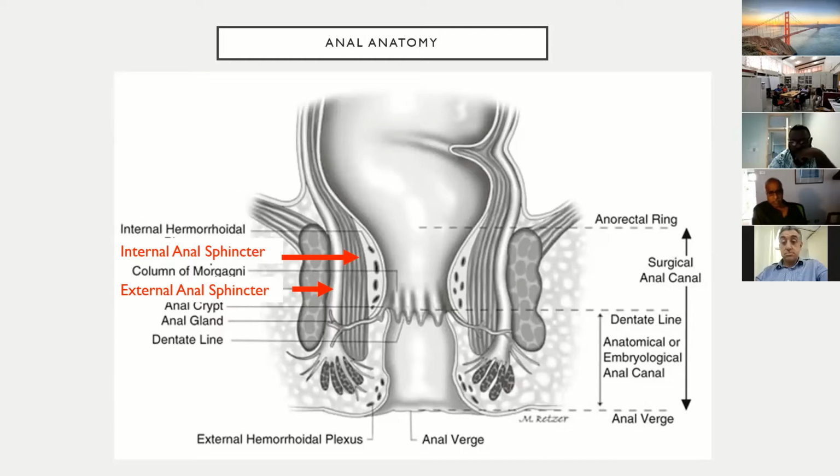The nerve supply and the blood supply are totally different. So when you look at the anatomy, you have mucosa, submucosa, internal sphincter, and then longitudinal muscle and external sphincter.